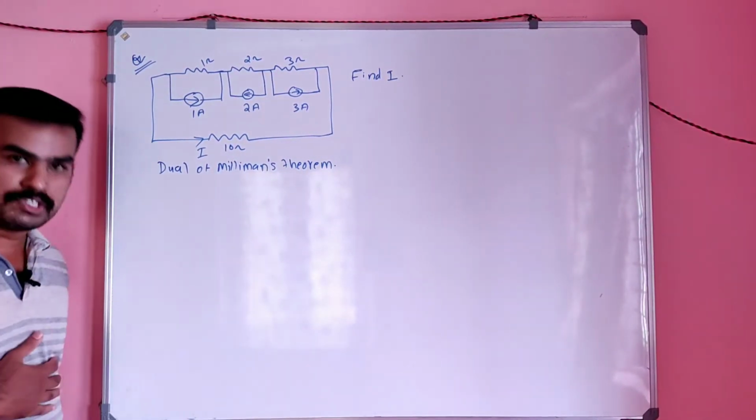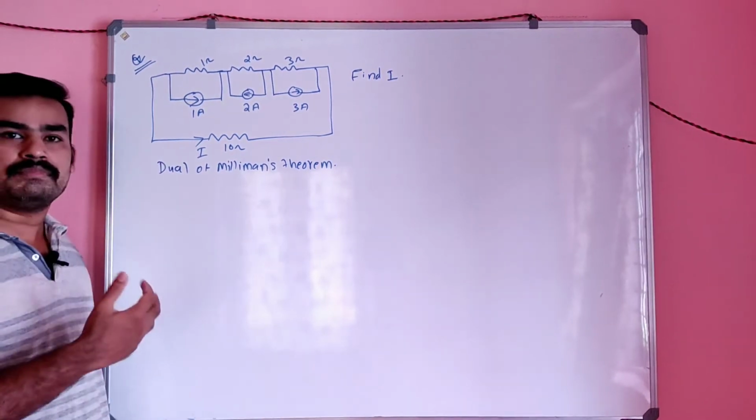So what was the dual of Millman's theorem?